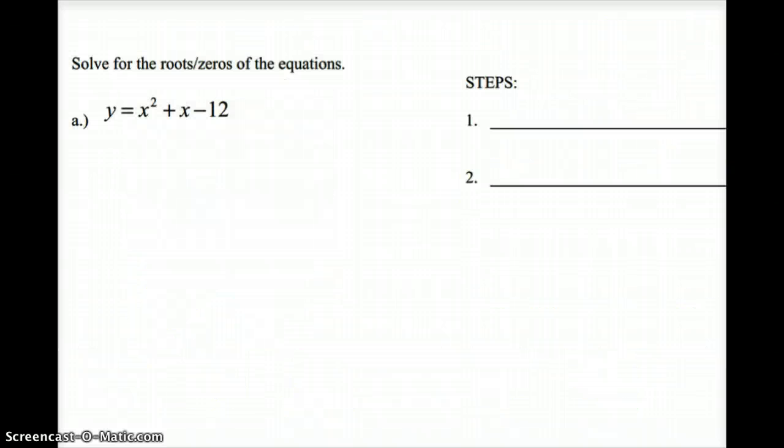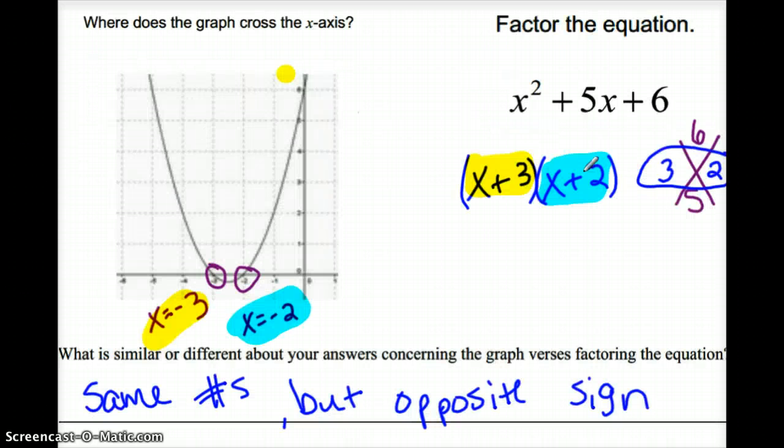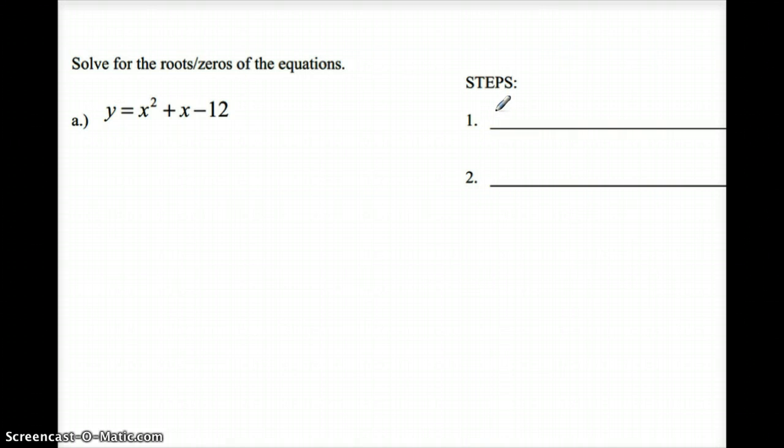Okay. So that's going to be something we want to remember. So let's actually solve one of our own by using the X puzzle. So the directions say solve for the roots. So here's what's going to happen. We're going to take this work from before, factoring, and we're going to use this to find these values on a graph. Okay? So the first thing we want to do is factor with our X puzzle.